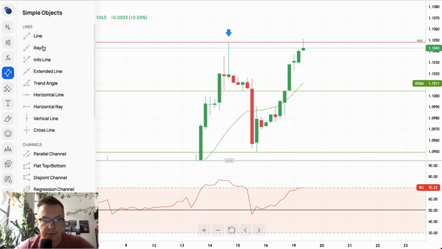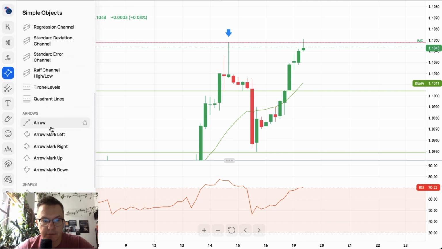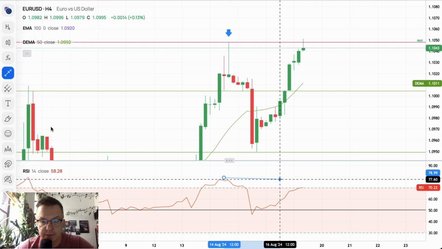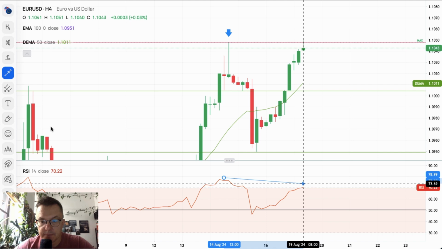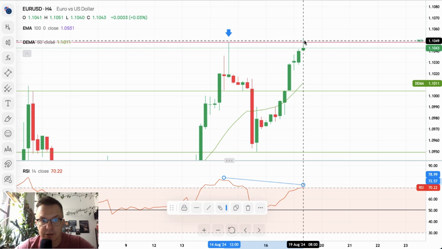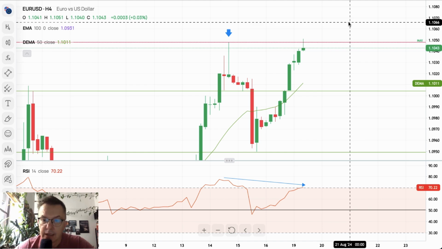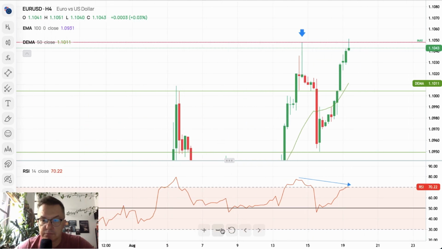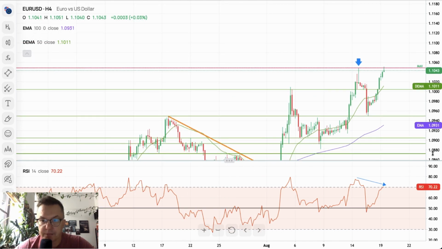Let me just grab my arrow so you can see there's very big momentum here. This one is way lower, but we had a new local high and swing high at 1.1051. So we need some kind of a pullback, some kind of a break on a 4 hour chart.